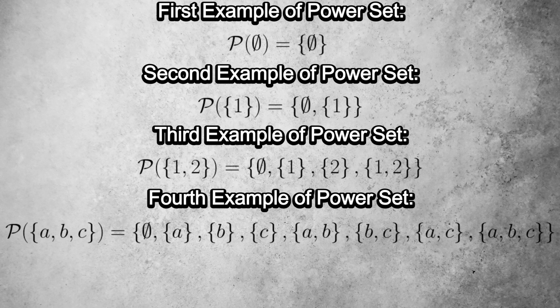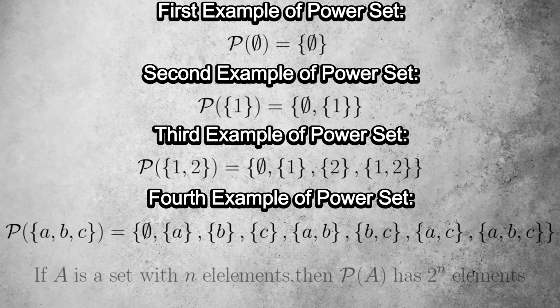Then we have the sets that contain the letters b and c, and also the set that contains a and c, as well as the set that contains the letters a and b. And finally, the set A itself, meaning the set that contains a, b, and c.